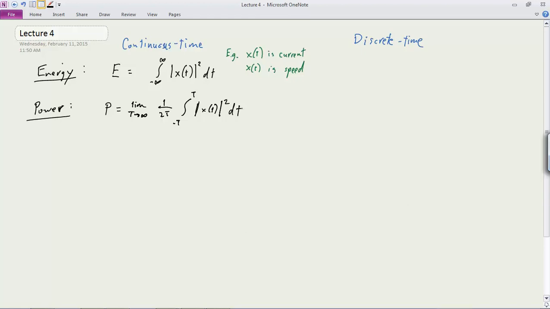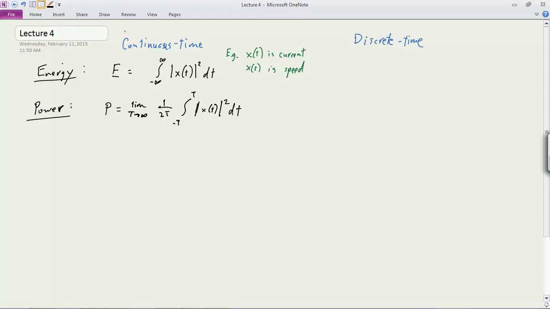Now, usually when we care about power, it will be for a periodic signal. That's the only time we're going to care about it, because the non-periodic signals that we look at are going to be ones that decay in time off to plus and minus infinity. So they wouldn't have an average power that was non-zero. But a periodic signal would.